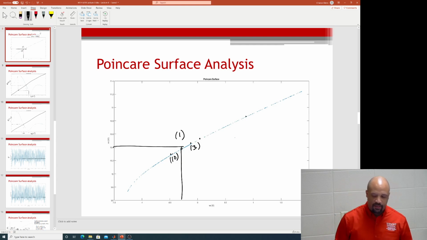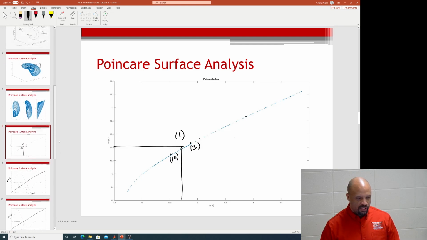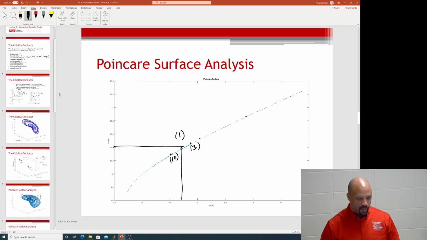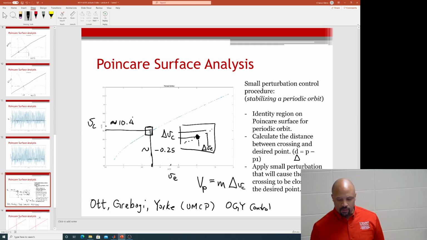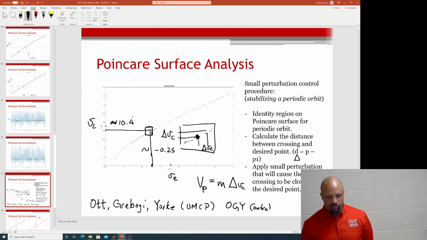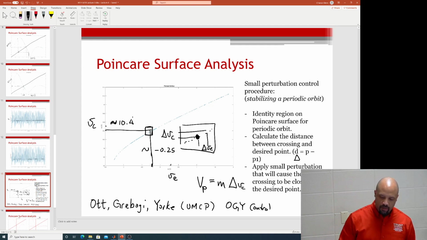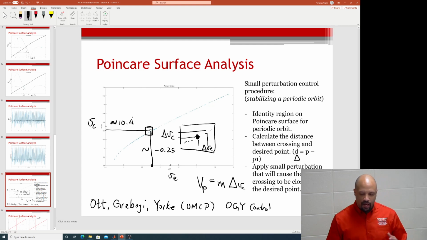We'll talk about that at the next lecture. But what you can do here is remember that we talked about a procedure for control, and let's just review that. So identifying this window or region, getting a distance between the point you want it to pass through and the actual place it passes through, and determining a control pulse based upon that and some multiple that you can kind of feel out.